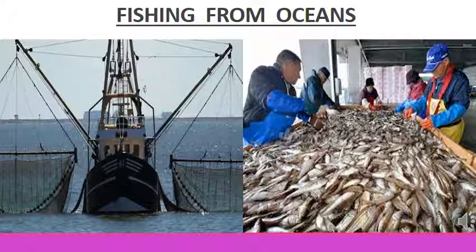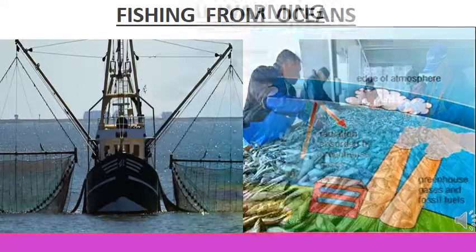Young fish that are caught will not have a chance to grow and reproduce, hence fish populations will decrease. Also, other marine organisms that are unintentionally caught often die. Eventually, some species may become endangered or they may even become extinct.